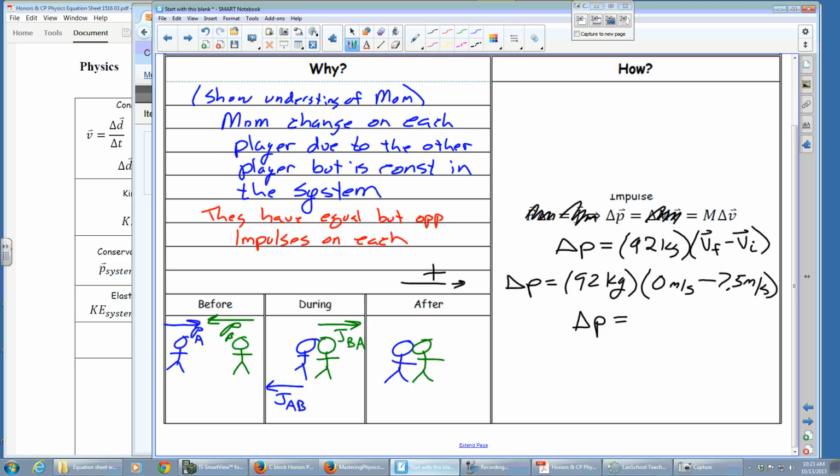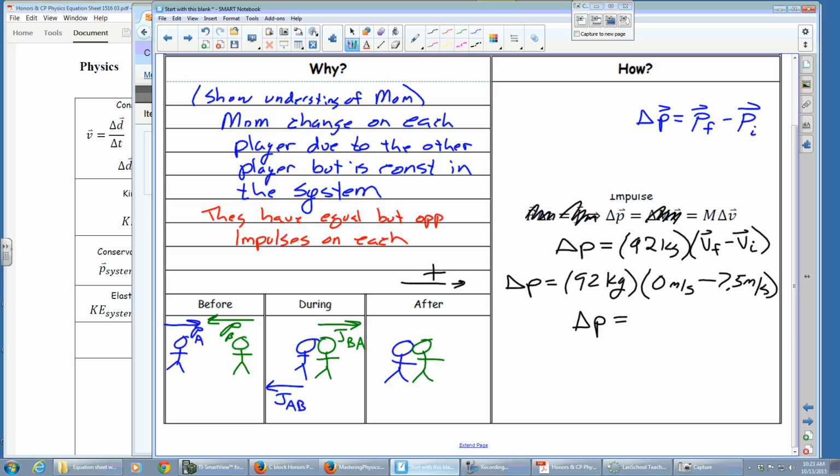I think what you did is you said that the change in momentum is momentum final minus momentum initial, which is completely legitimate. You can do it both ways, and you'll come out to the same answer.